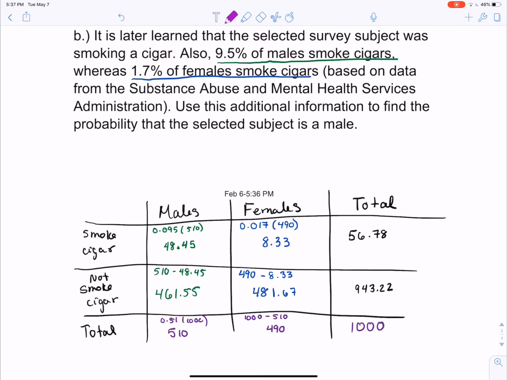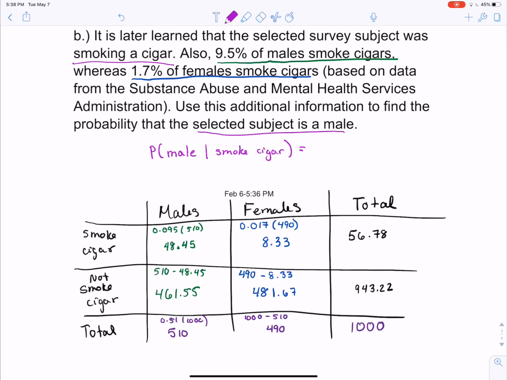Now we can answer the question that they asked. They asked us to use this additional information to find the probability that the selected subject is a male. And the additional information is that they were smoking a cigar. So what they're really asking us to do is to find the probability that it was a male given that they're smoking a cigar.